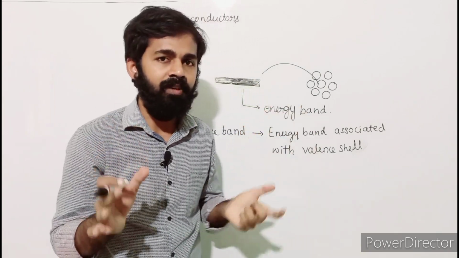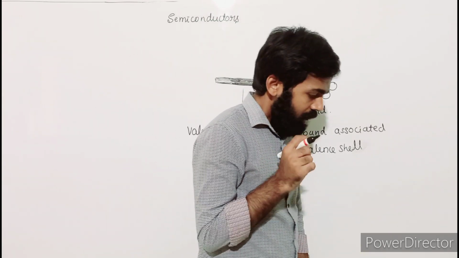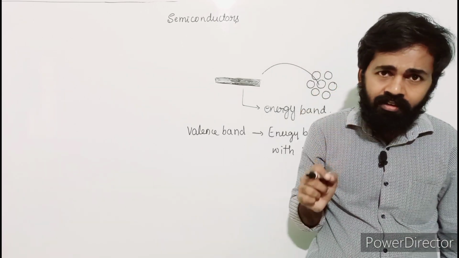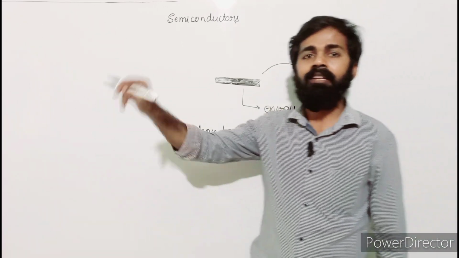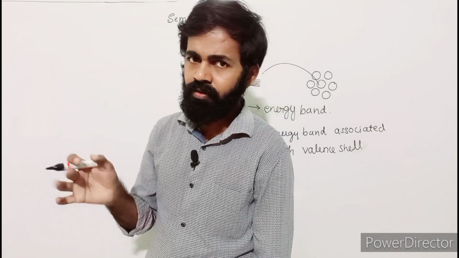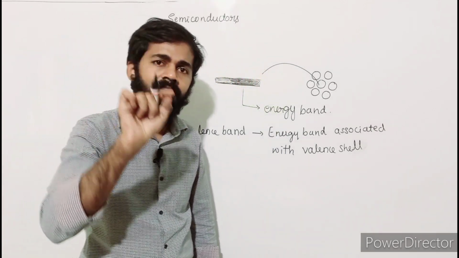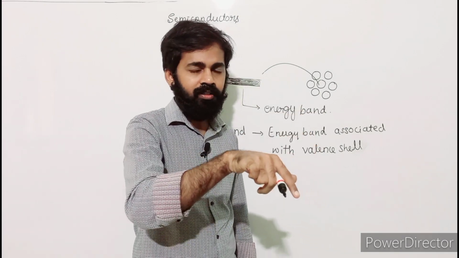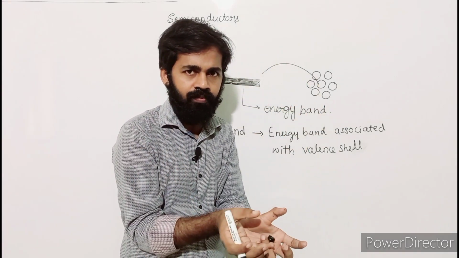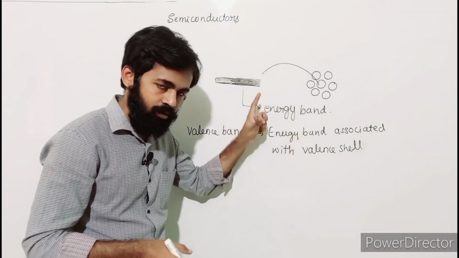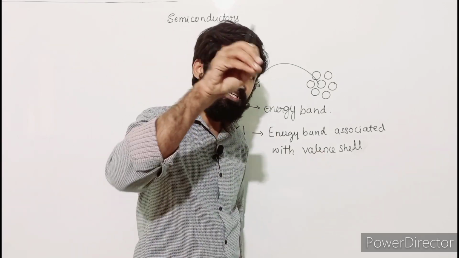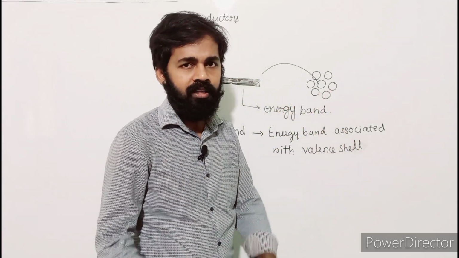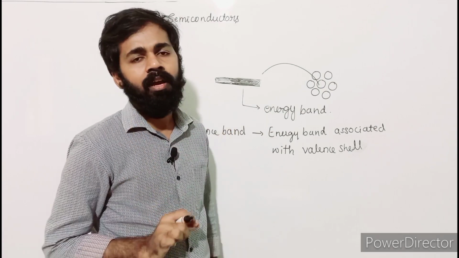Now, if the electron is present in the valence shell, or let's consider the valence band now, it is bonded with the atom.